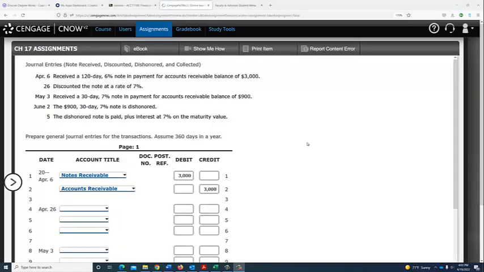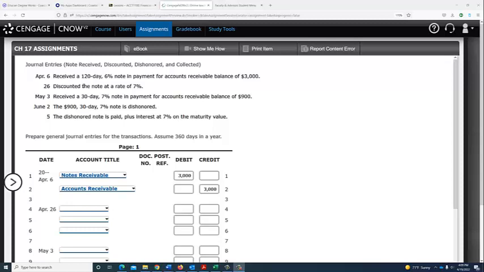On April 26th, the note that we just received was discounted at a rate of 7%. When a company discounts a note, that usually means that they don't want to have to wait the whole 120 days to get their cash for this note. Sometimes the company may need the cash.